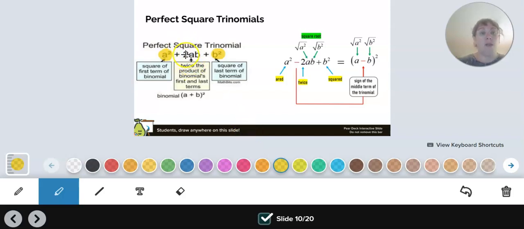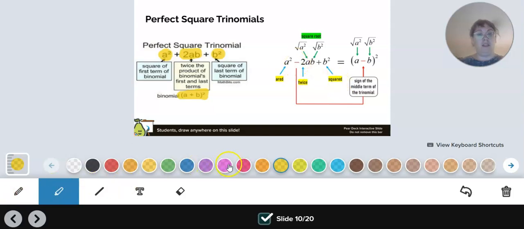And in the middle, we have twice the product of the binomial's first and last term. So we start with something like a plus b squared, and it multiplies out to a squared plus 2ab plus b squared. Here's another visual, a squared, twice a times b, plus b squared.